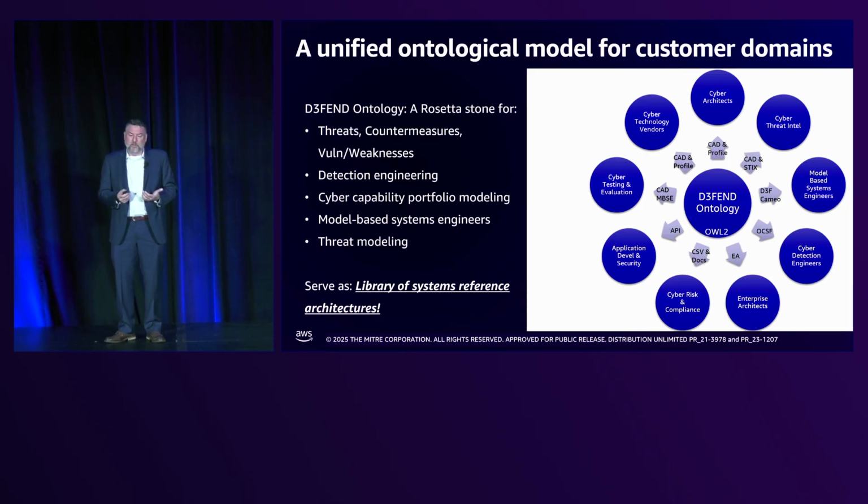It becomes a unified ontological model for customer domains, and definitely across multiple customer domains. Cyber architects and cyber engineers can talk with the same language and share the same vocabulary, much like we've had with ATT&CK. Threats, countermeasures, vulnerabilities and weaknesses, we can now talk in the same language.